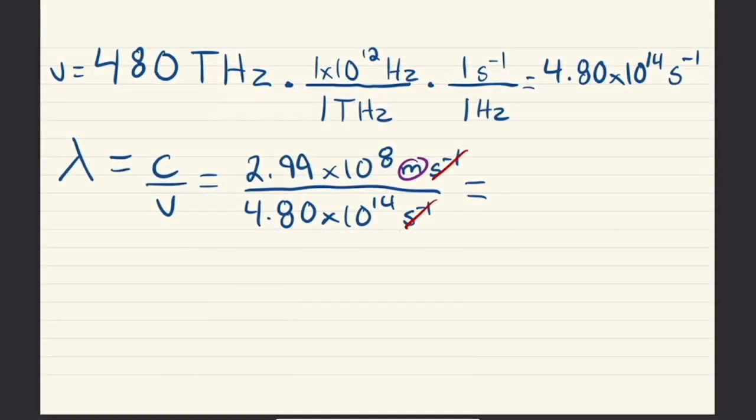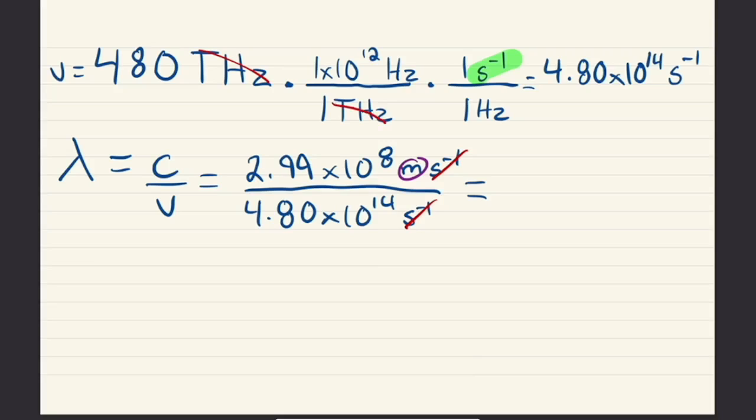Now, from a computational perspective, remember our units of interest are seconds to the negative 1. So to get us to that point, you will notice that I have utilized dimensional analysis, and terahertz are 1 times 10 to the 12 hertz. So within our dimensional analysis, we are able to cancel terahertz.